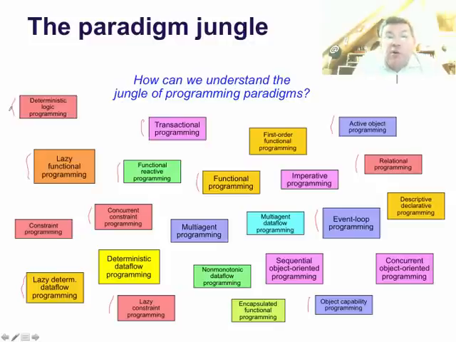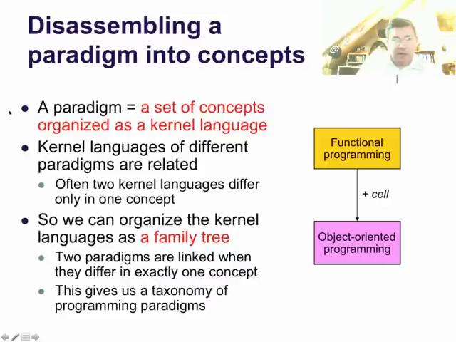So what do we do? How can we understand this jungle of programming paradigms? In fact, the kernel language comes to the rescue here. Just as kernel languages let you understand the relationships between the different paradigms, we can also use kernel languages to organize all the different paradigms.